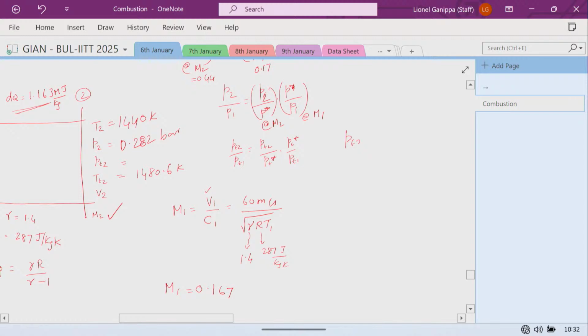So PT1 by P1 is equal to 1 plus gamma minus 1 by 2 M1 square, power gamma by gamma minus 1. So that is the relationship between the local and stagnation.